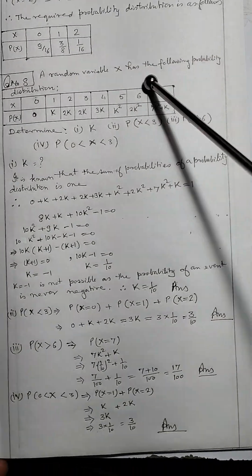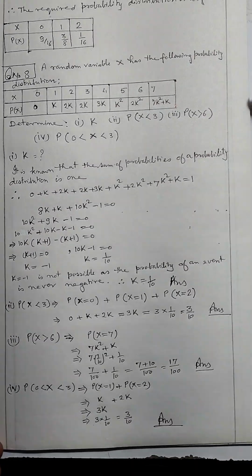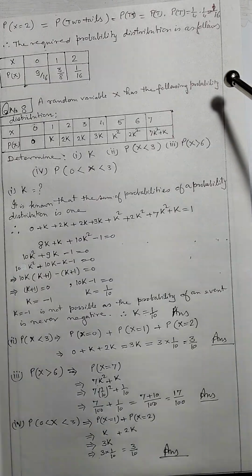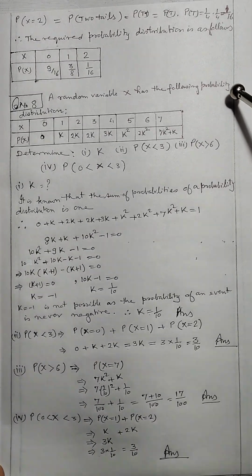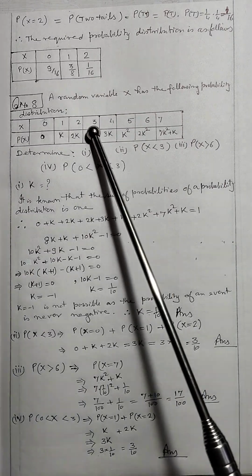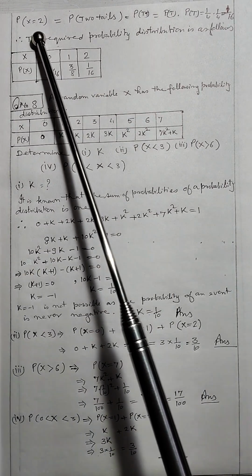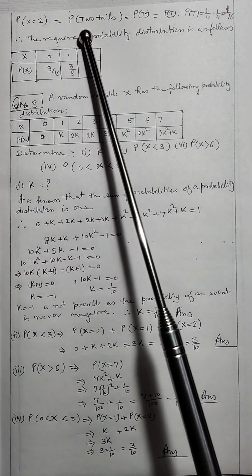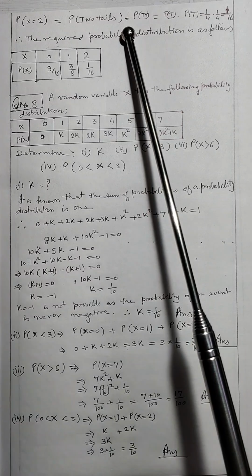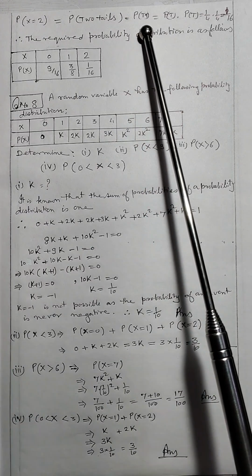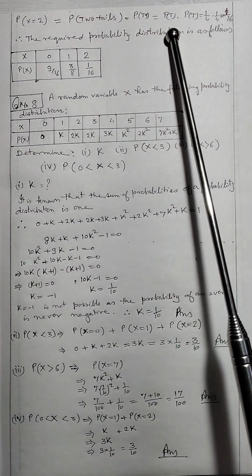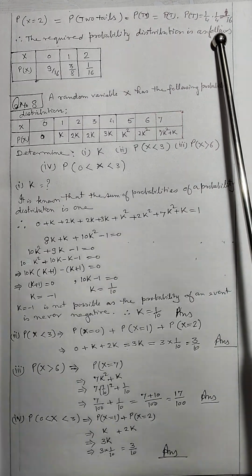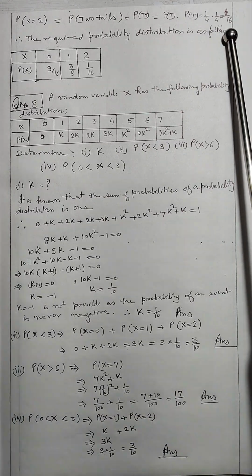Now proceed further. Probability of x is equal to 2. It means the probability of 2 tails, that is probability of tail into probability of tail, which will be equal to 1 by 4 into 1 by 4, and it will be equal to 1 by 16.